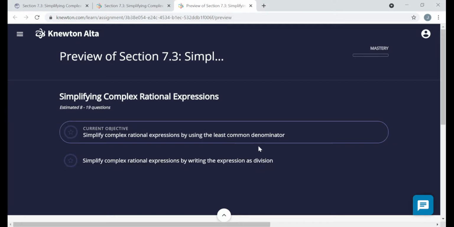And I'll be doing both methods, but please know that both methods give you the same results. So if after watching these and practicing, you like one method over the other, you can use that method every time to simplify a complex fraction. Both methods are equally valid.